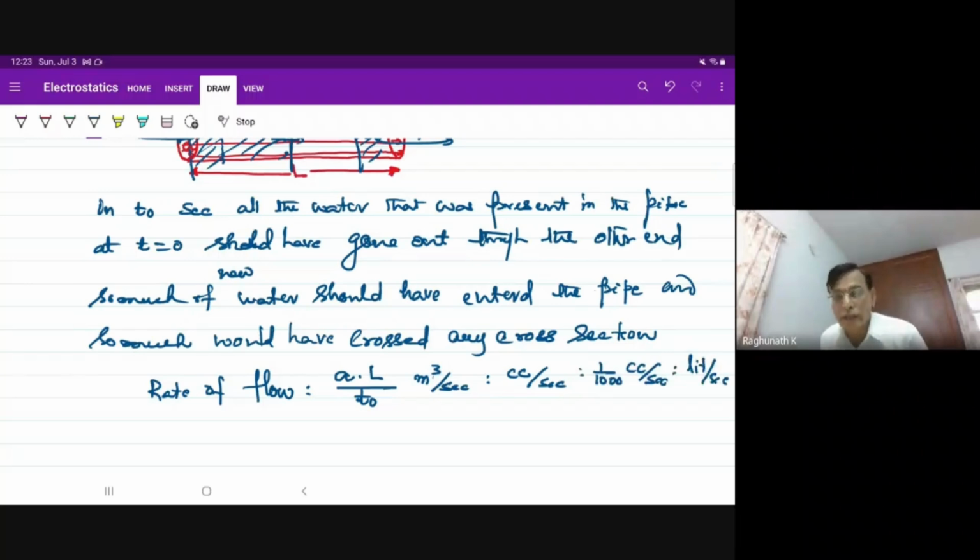Because 1000 cc is 1 liter. I can talk about this, like meter cubed per second, centimeter cubed per second, or so many liters per second, ultimately.